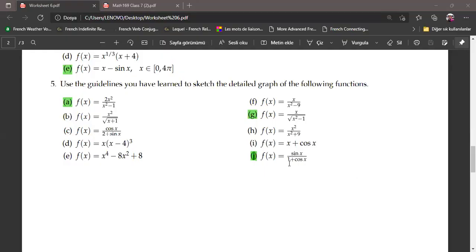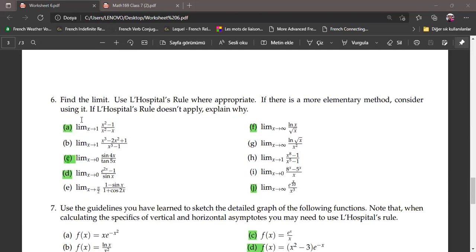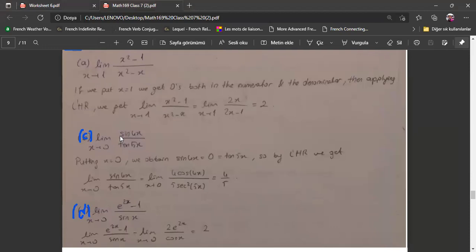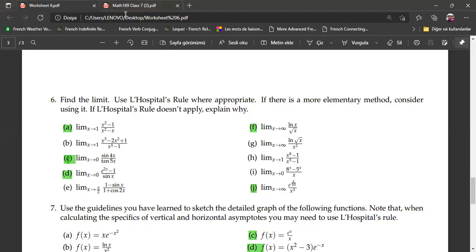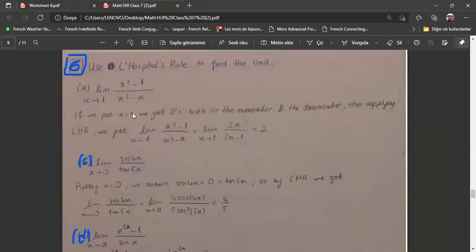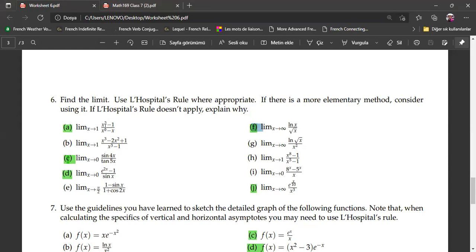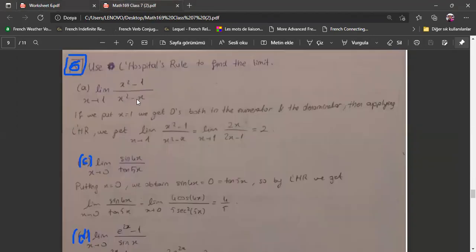Now the question 6. We will find the limit of the given functions using L'Hopital rule. We did already that f. We only do the rest of the question. So here we have x squared minus 1 over x squared minus x.